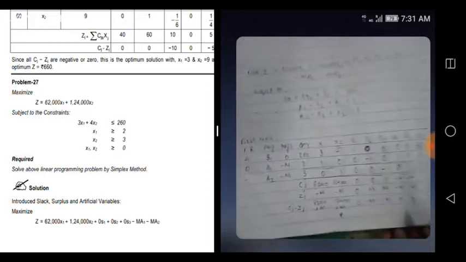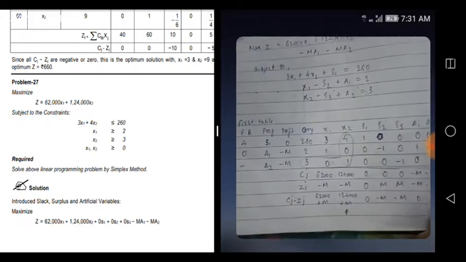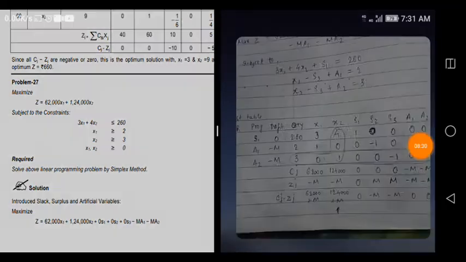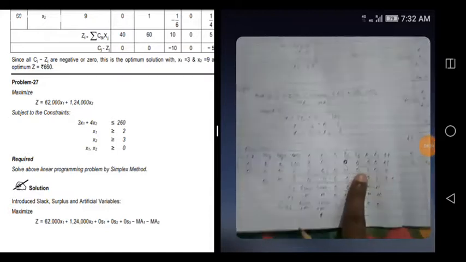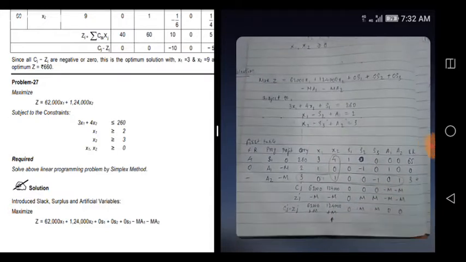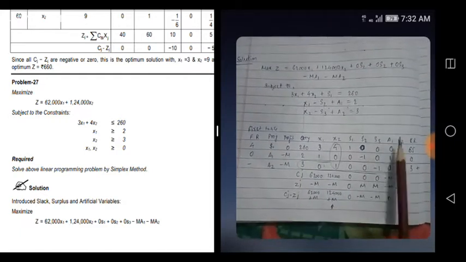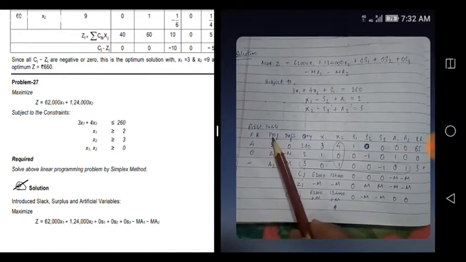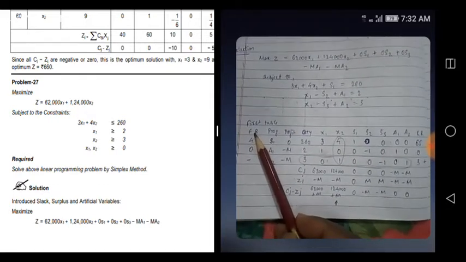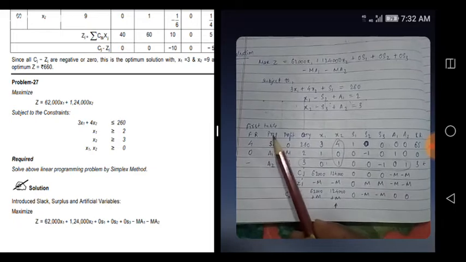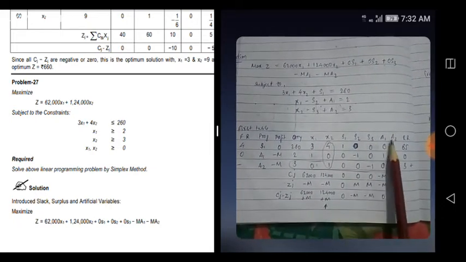Now we'll go to our first table. See, the columns are FR, program, profit, quantity, x1, x2, s1, s2, s3, a1, a2, RR.